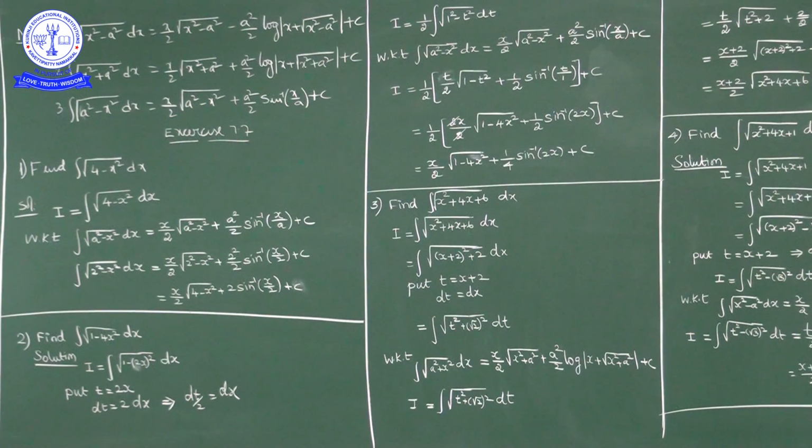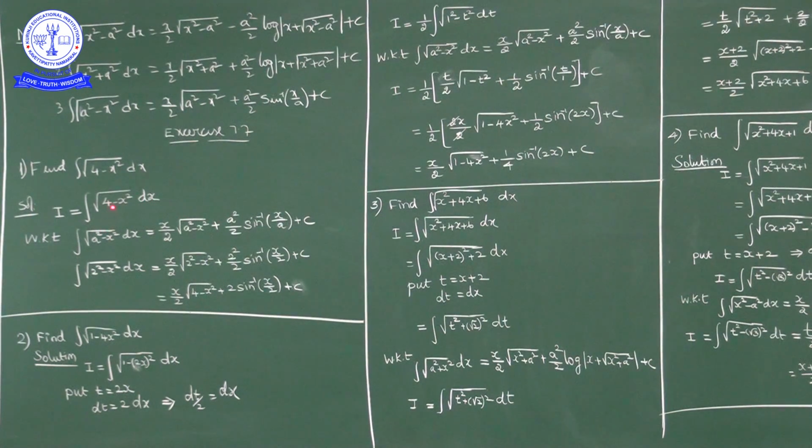Okay. I will repeat once again. Here the first question is find integral of square root of 4 minus x square dx. Now we will use this formula. What formula? Integral of square root of a square minus x square dx is x by 2 into square root of a square minus x square plus a square by 2 into sin inverse of x by a plus c.